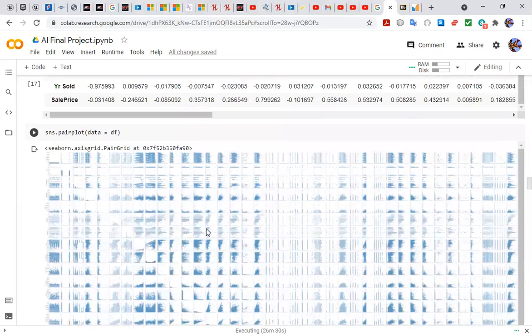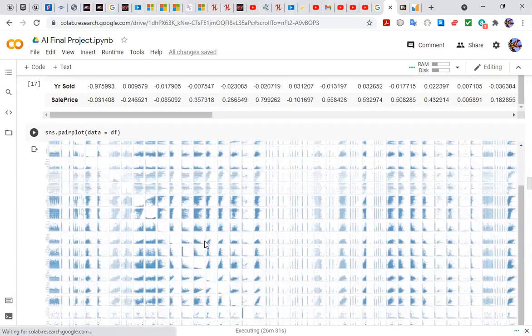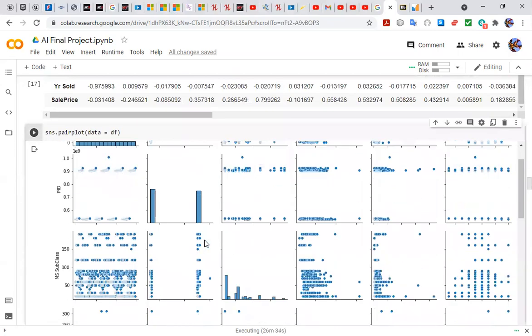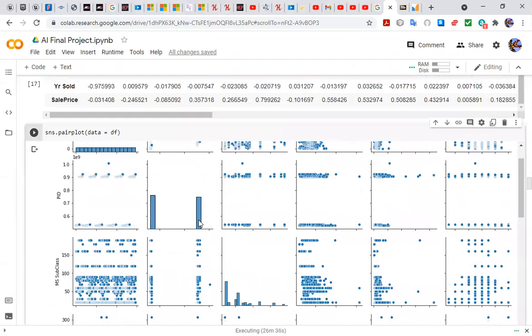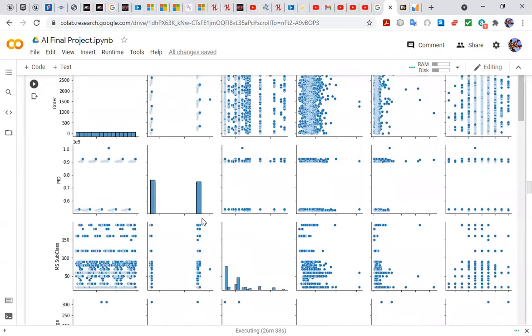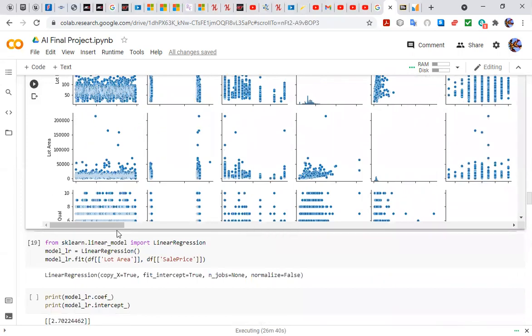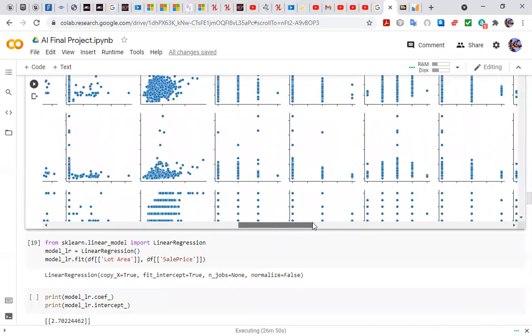Here we have a Seaborn pair plot, which is a huge data set here. So we have the analysis of the lot area on this row here. Go all the way over.